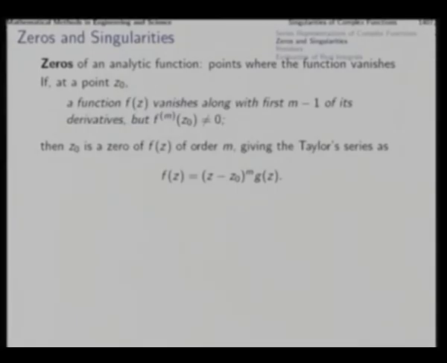And in that case, the Taylor series can be simply worked out as this, in which g(z) does not have a 0 at z0, that is g(z) evaluates to a non-zero complex number at z equal to z0, and that means that the initial few terms in the Taylor series are 0.